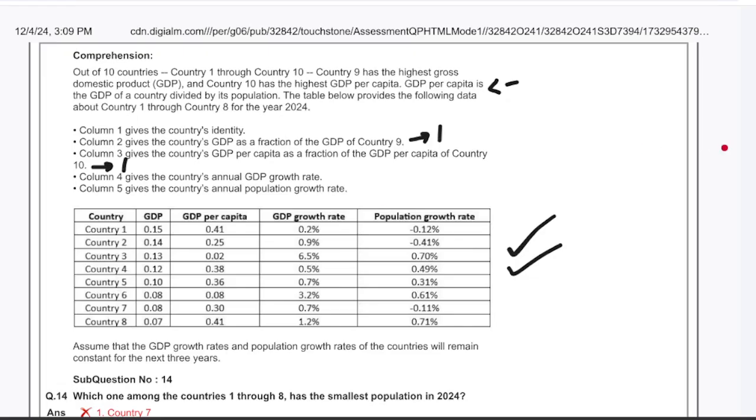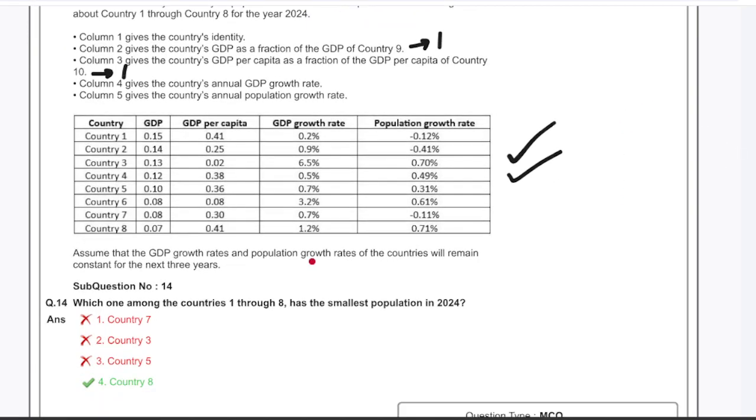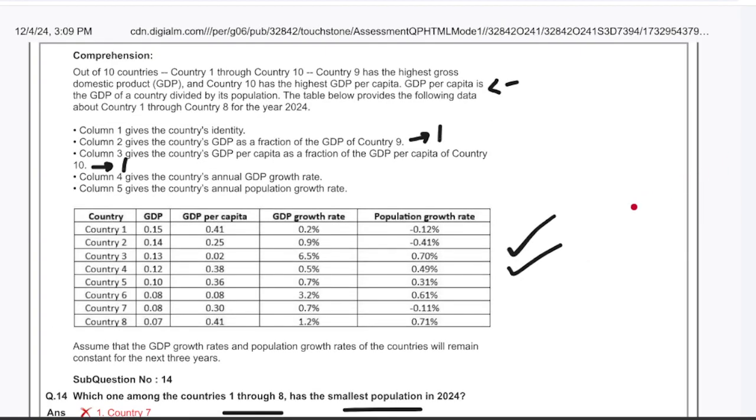Let's solve the first question. The first question says which one among the countries 1 through 8 has the smallest population in 2024? Now, the real figures have not been given, only the relative figure has been given to us in the table. So let's first of all understand the formula which they have given to us for population.